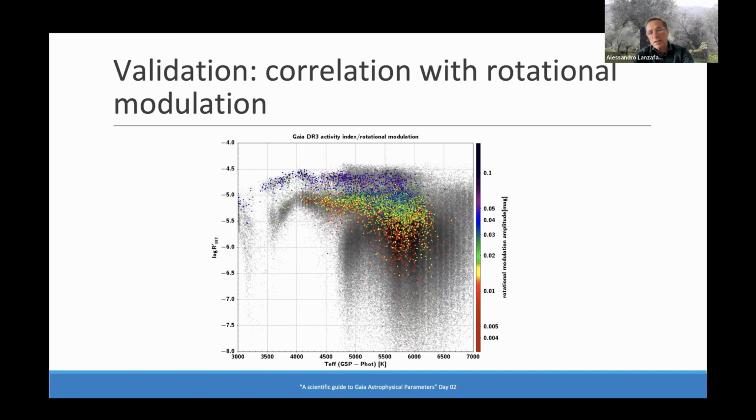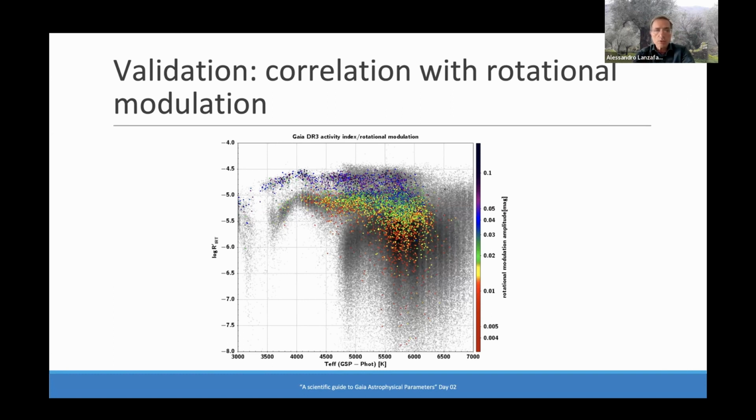The photospheric activity is due to the presence of dark spots, and the larger the surface area covered by the spots, the more active is the photosphere of the star.